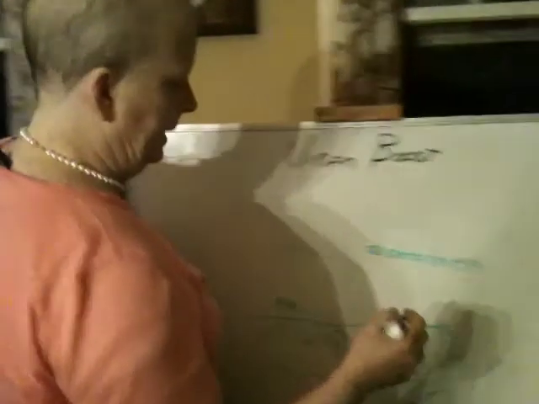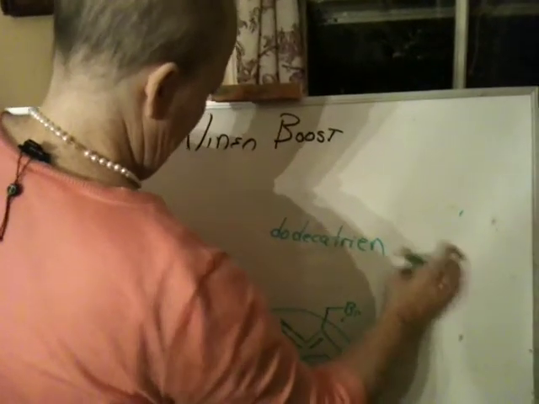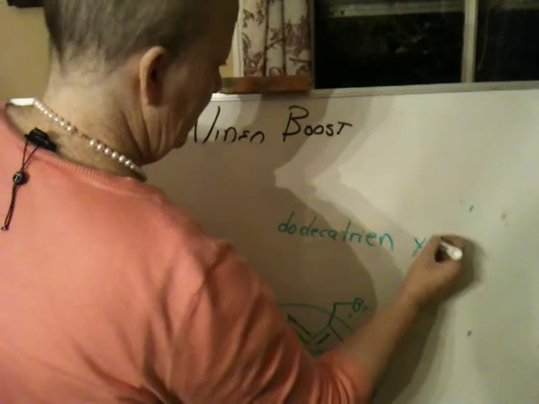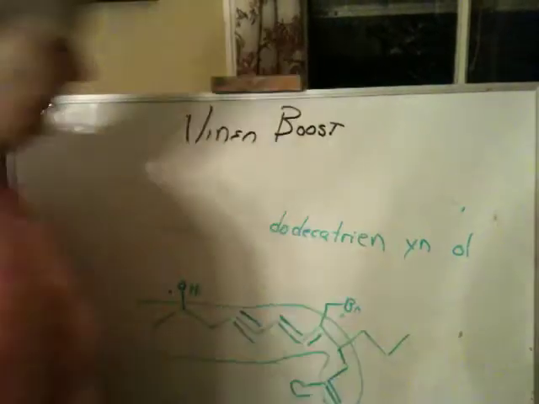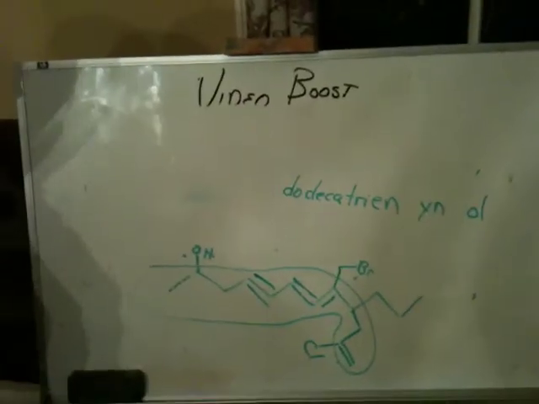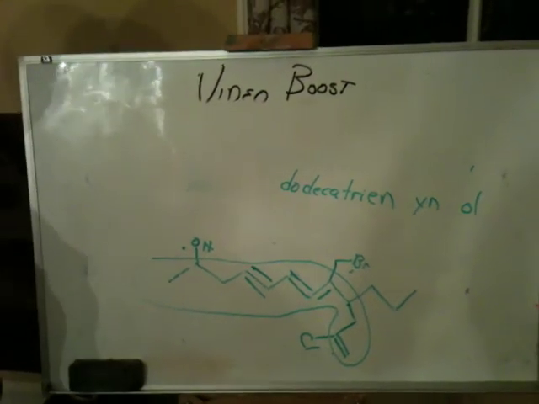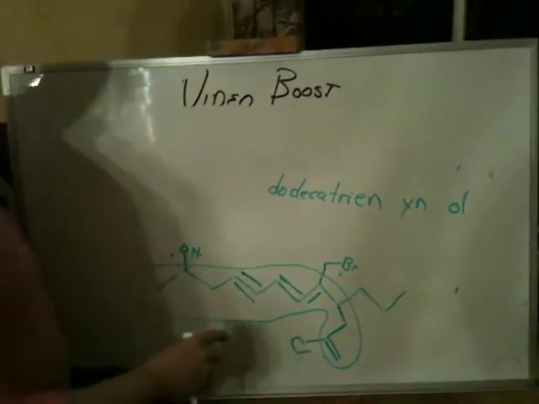Do you see why I did that? Because I can get that in the main chain. Triene, yne, ol. And really, it becomes much simpler when you do that, because where are the double bonds?